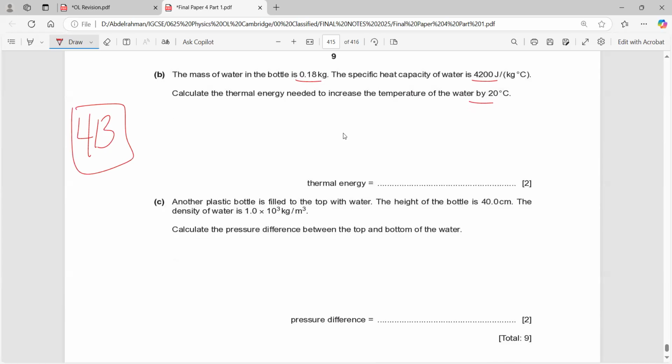Okay. Thermal energy E equals MC delta T, right? Okay, E equals MC delta T. Of course 0.18 here is straightforward: 0.18 times 4200 times delta T, which is 20.